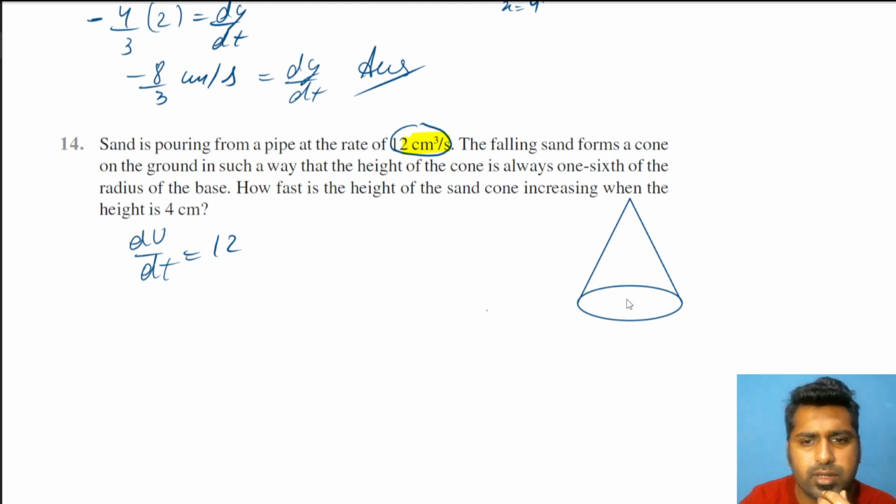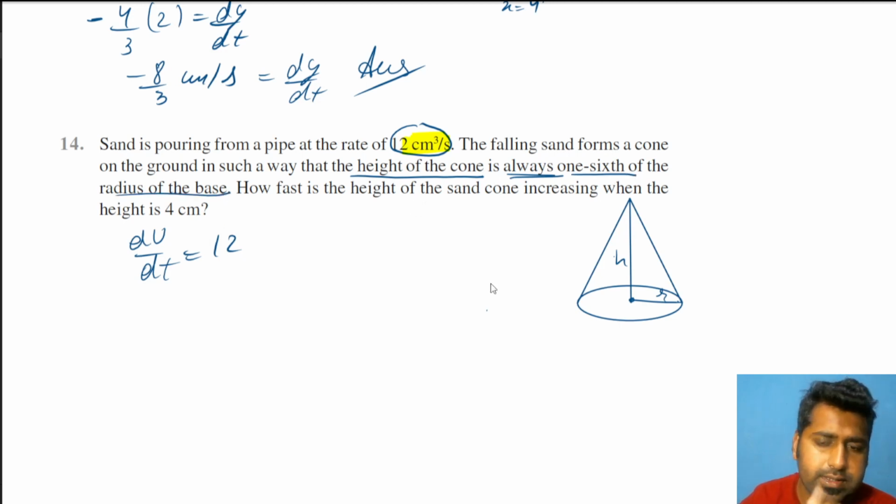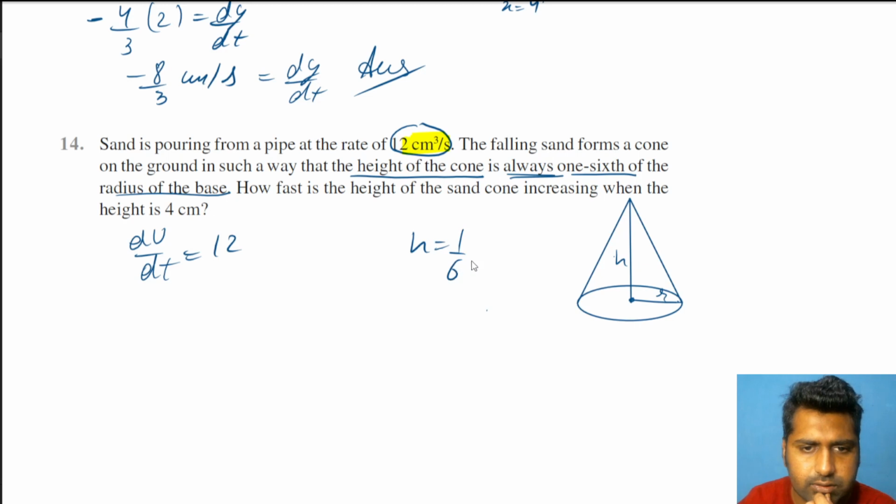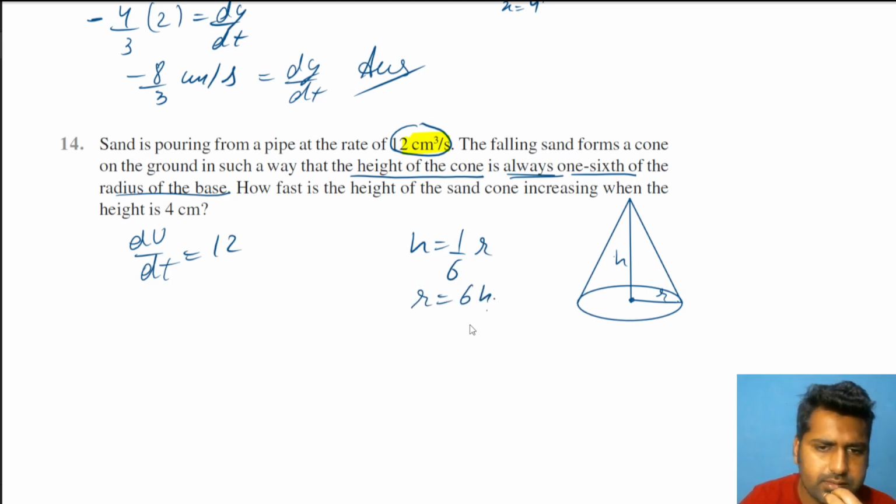So it is forming a cone, radius r, height h, in such a way that height of cone is always 1/6 of the radius. So he is saying the relation that the height is always 1/6 of the radius, or I can say radius is 6 times the height. We'll see which one to use, accordingly we'll change it.